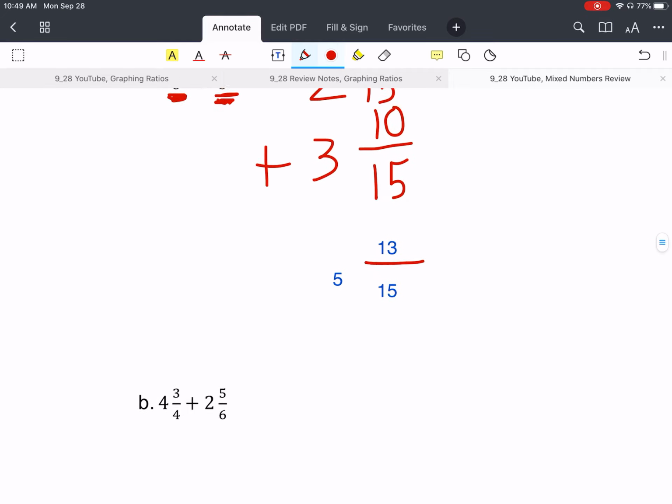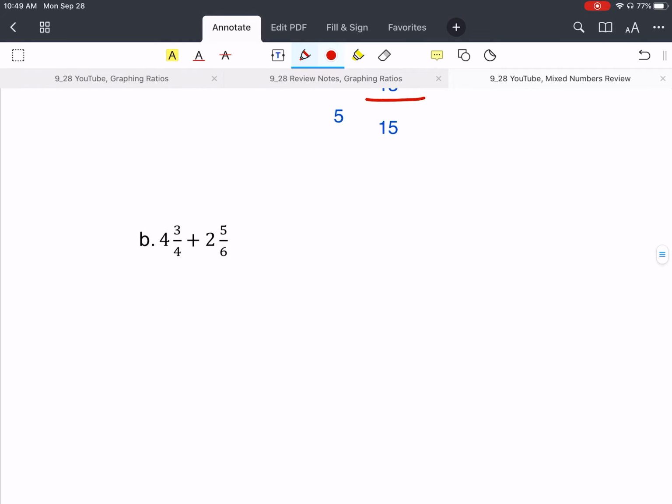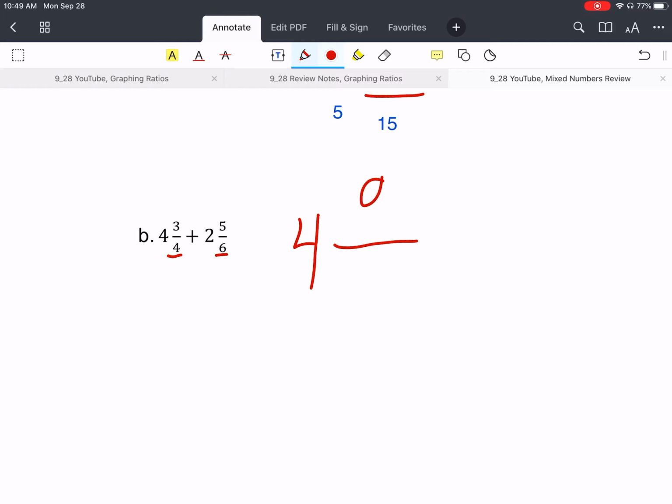Okay. Luckily, we have another example, except this time we're going to have to carry over. I know that between 4 and 6, my common denominator can be 12. So I'm going to have 4, and this is going to convert to 9/12 plus 2 and 10/12.